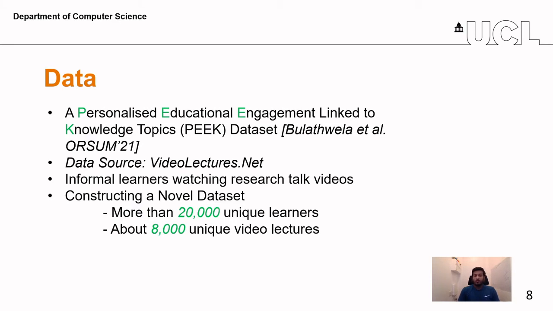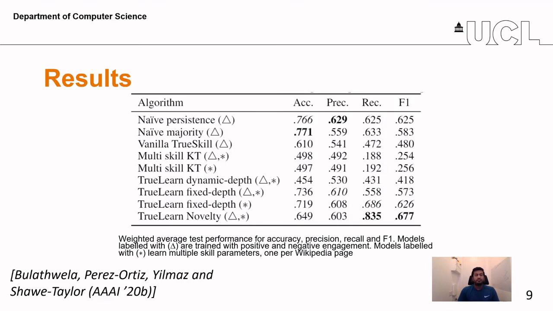With TrueLearn Novel, we also constructed a few competitive baseline models and compared the performance in order to do performance evaluation. Because this is a classification problem where the task is to predict if the user is going to interact with the next video fragment or not, we use classification metrics such as accuracy, precision, recall, and F1 to measure the predictive performance.